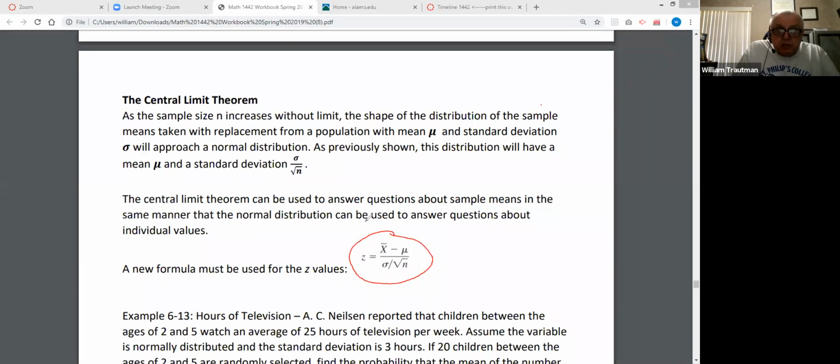This is 6.3's formula. Let me write down 6.2's formula again. Z equals X minus the average over the standard deviation.